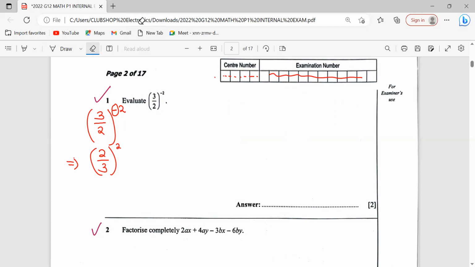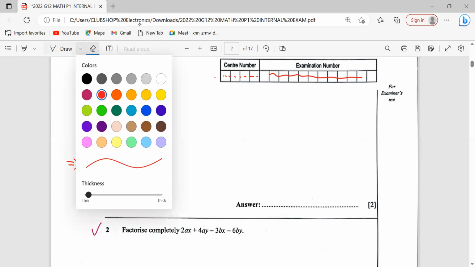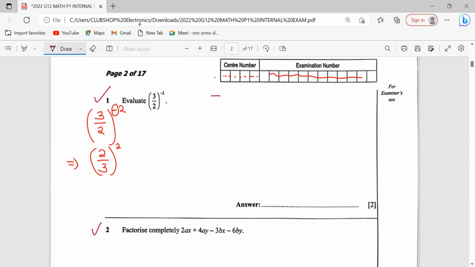Now, this means, therefore, that you're going to say 2 to the power 3 times 2 over 3.